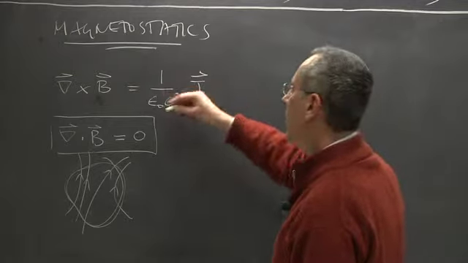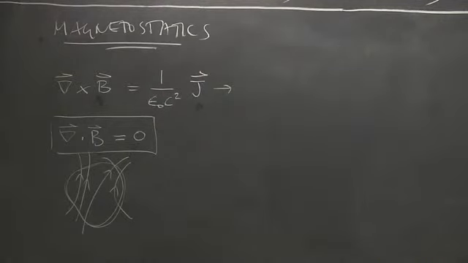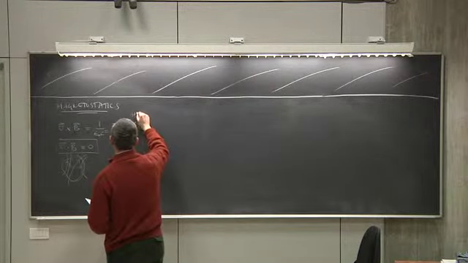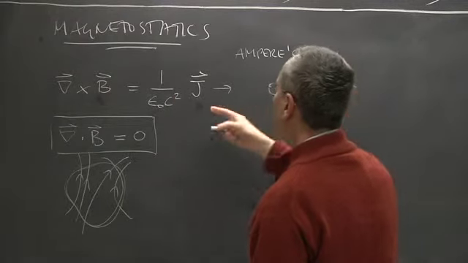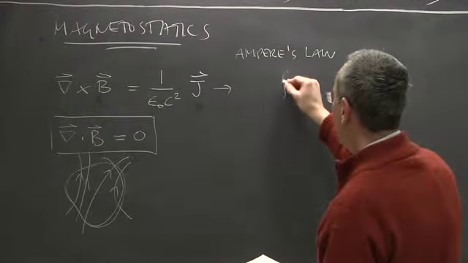Really, the study of magnetostatics comes from studying this equation in some detail. This thing has a name. It's called Ampere's law, and gives the magnetic field generated by an electric current. I prefer the integral form.